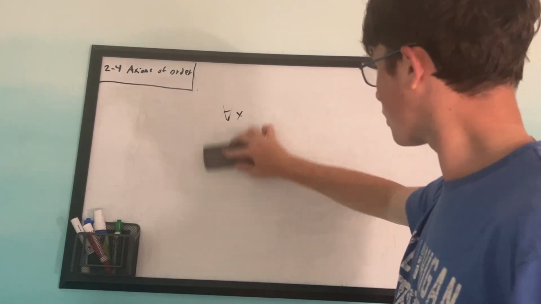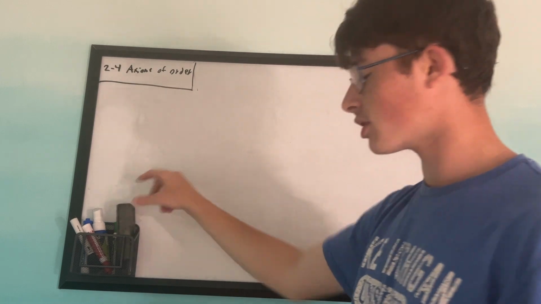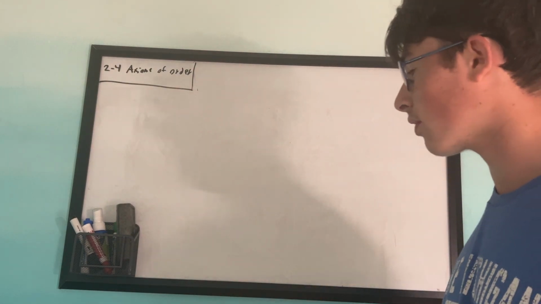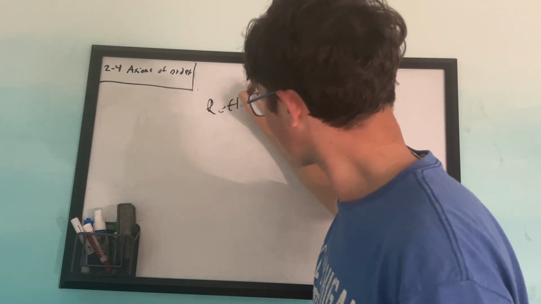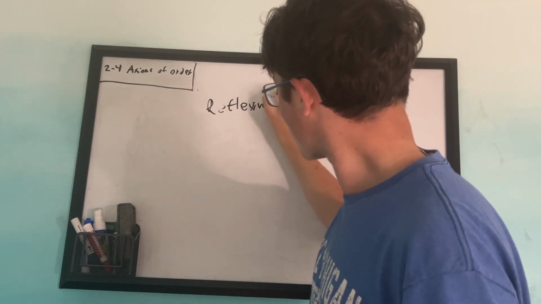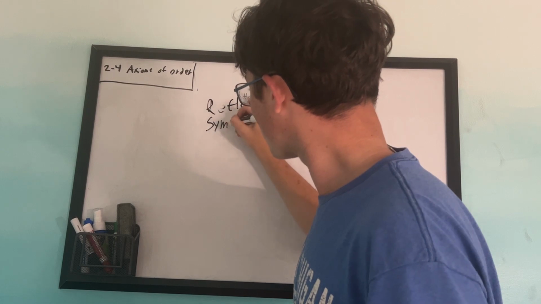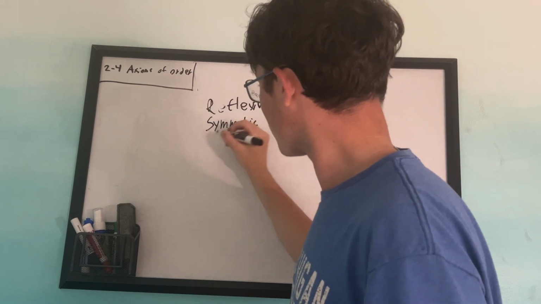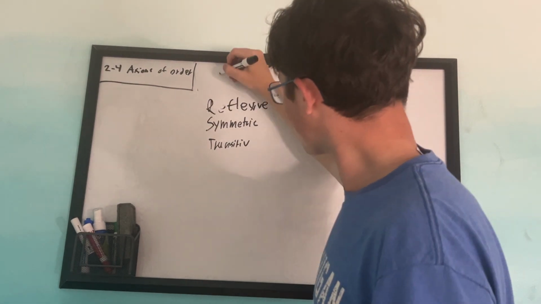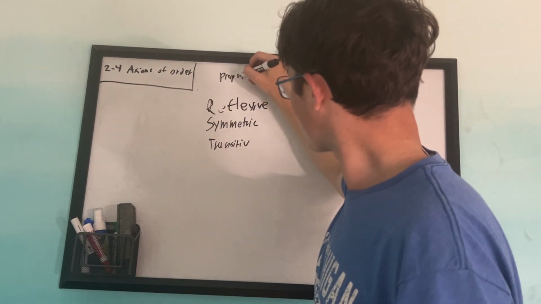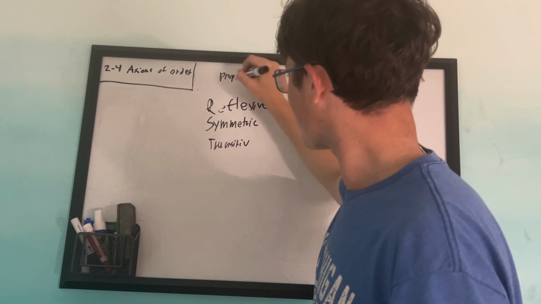Then we can establish statements based off of our statements of equality. So we have reflexive, symmetric, and transitive. These are all properties of equality.